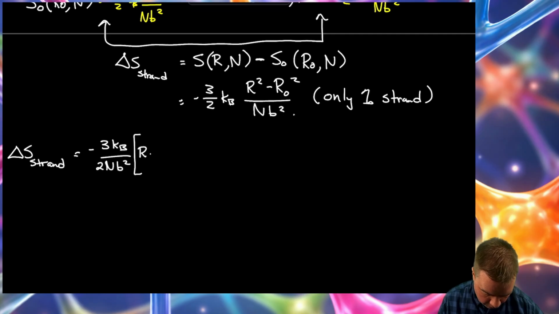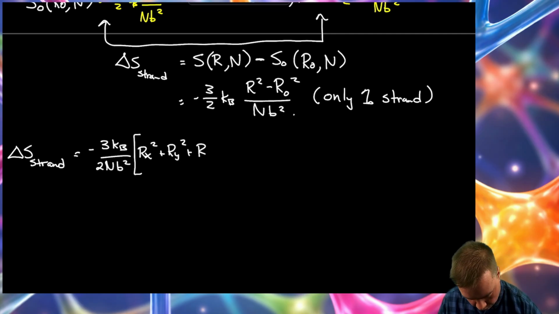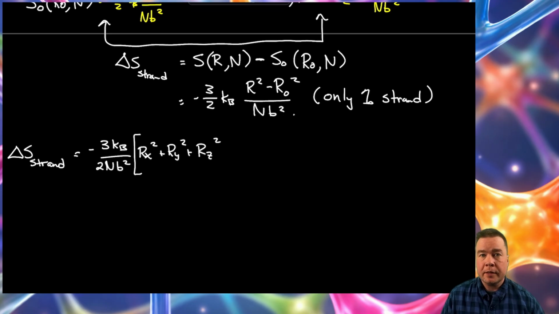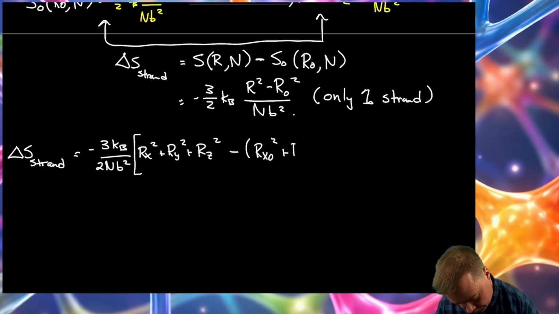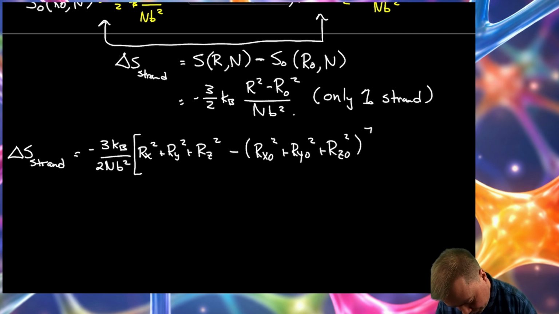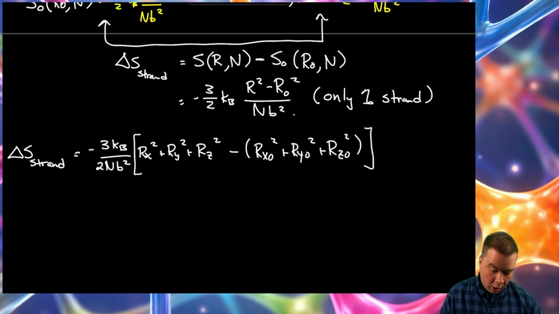So I've got Rx squared plus Ry squared plus Rz squared. And then subtracting from that Rx0 squared plus Ry0 squared plus Rz0 squared.